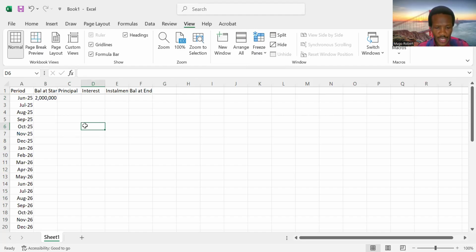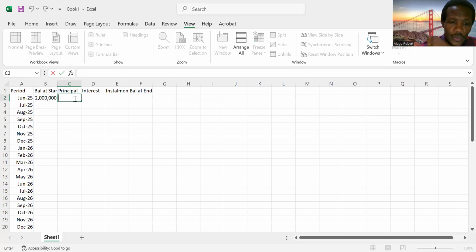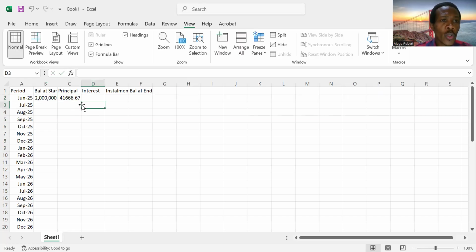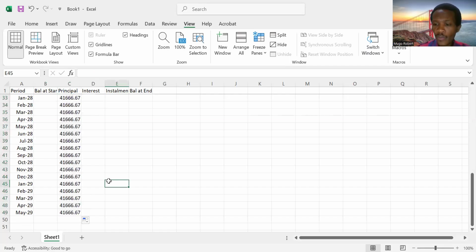You can see 2 million repayable in 48 months. You will need to pay per month a principal of 41,666.66. Remember, principal is the money that you are returning. So we get that it is the same from month 1 to the end.